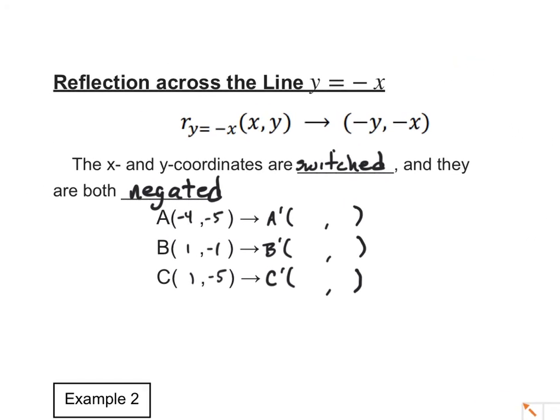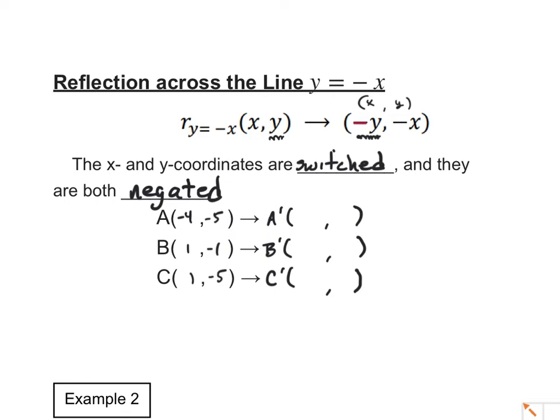Now, disregarding the graph, I'm just going to look at the mapping. It tells me they were going to be switched and they were going to be negated, which means to change the signs. So my new x is going to be the former y value, negated, opposite sign.